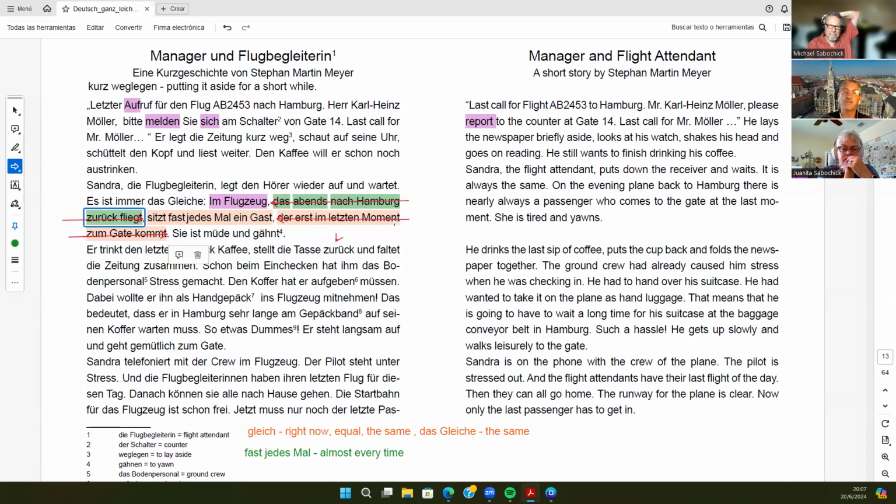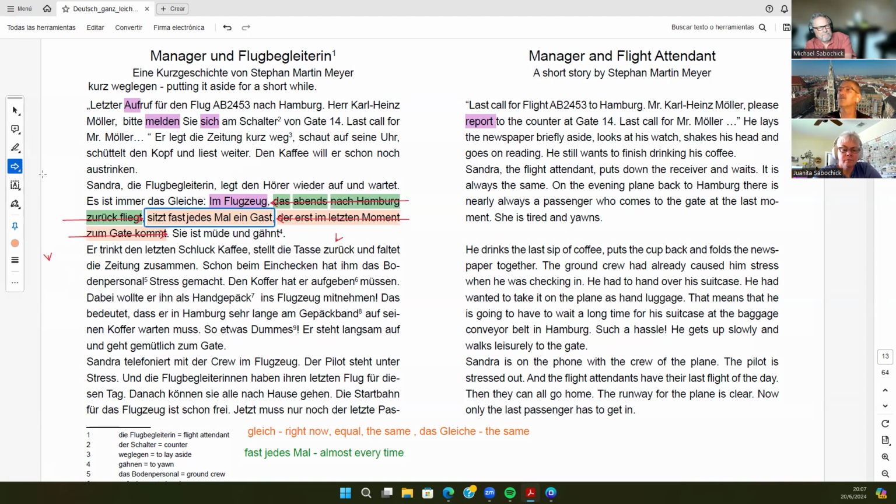And now, all of a sudden, what's left? Well, we have left im Flugzeug and we have left ein Gast. So we look at the nouns. So here the noun is ein Gast.